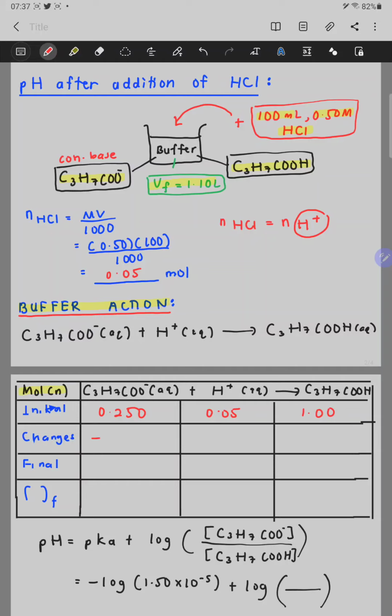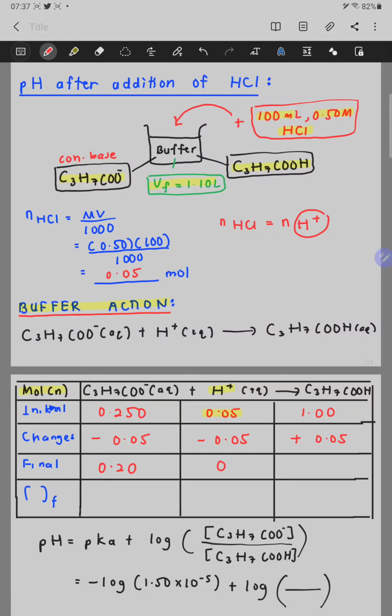So bila kita minus, remember kita nak minus number of mole of H plus. Depends on number of mole of H plus, sebab itu adalah total number of mole of acid yang kita nak neutralize. So will be minus 0.05. H plus will neutralize altogether, dan number of mole C3H7COOH akan bertambah sebanyak 0.05 mole. So final level, final number of mole of conjugate base dia akan jadi 0.20 mole.